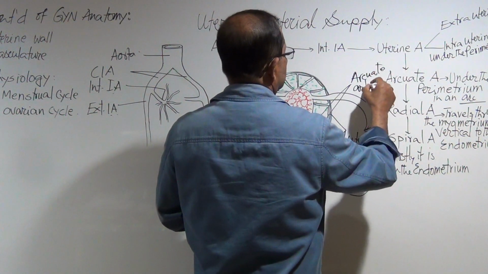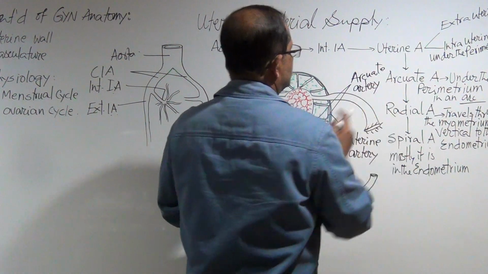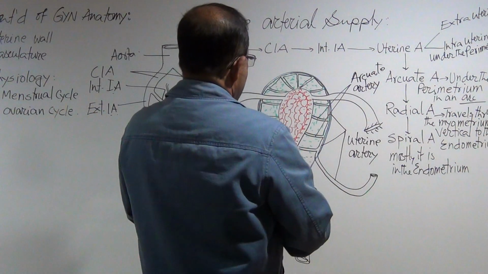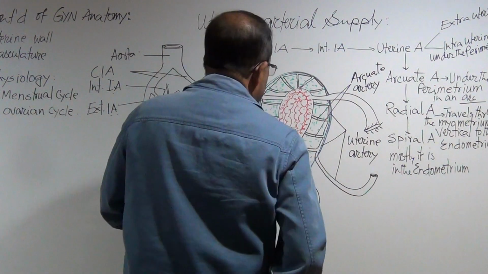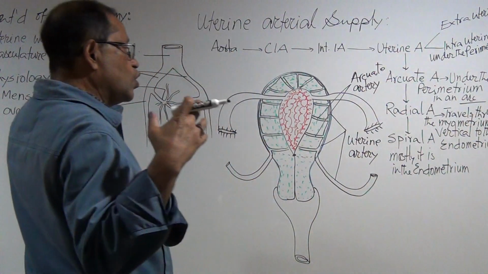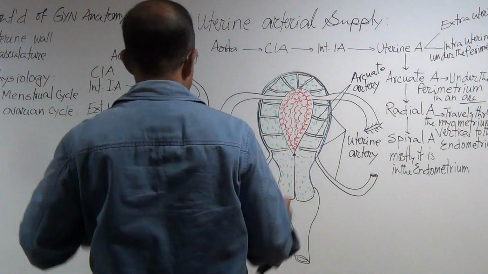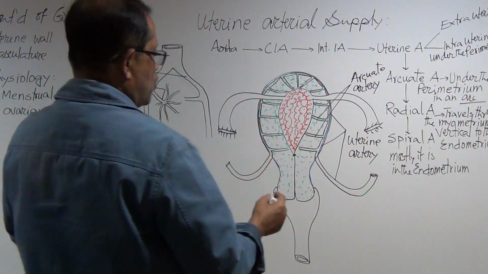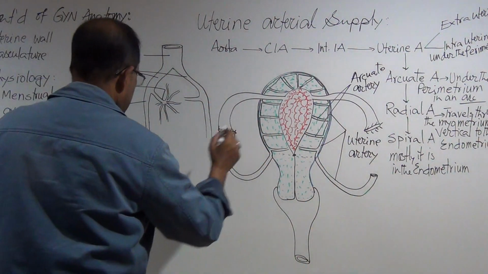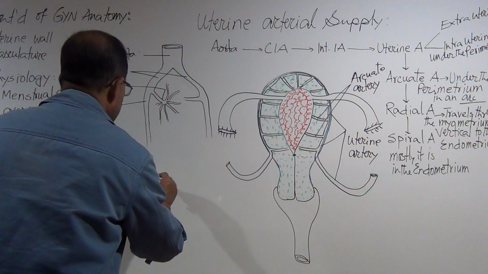Arcuate artery. Okay, and from the arcuate artery there is a radial artery that goes directly towards the endometrium, and I'm going to draw that radial artery from the arcuate artery.